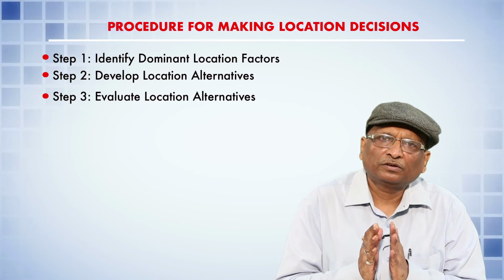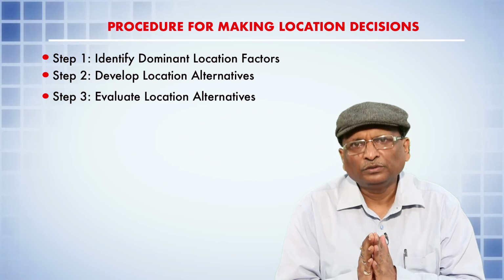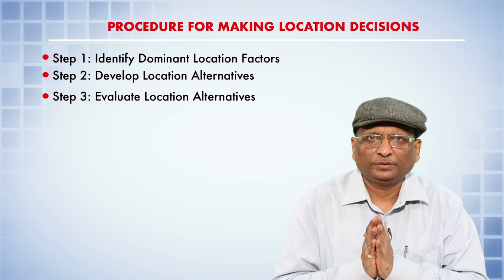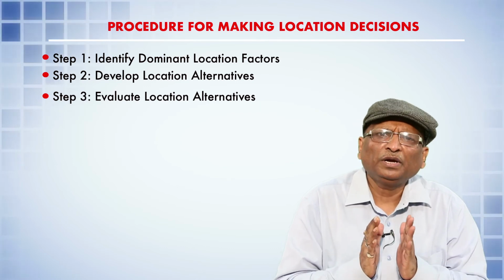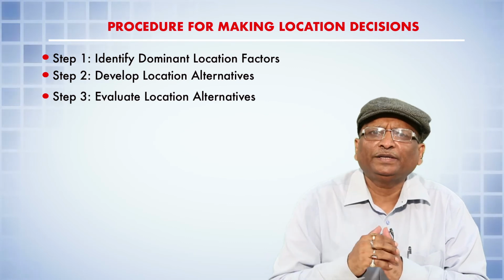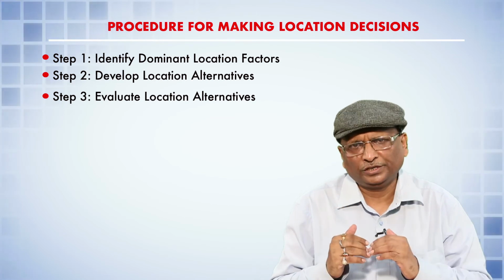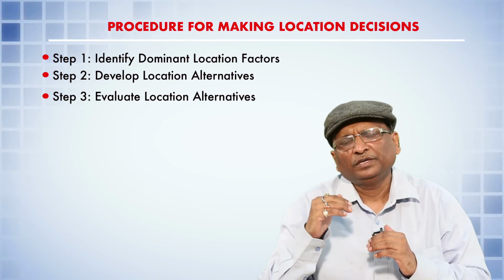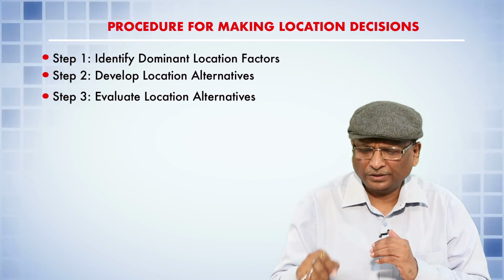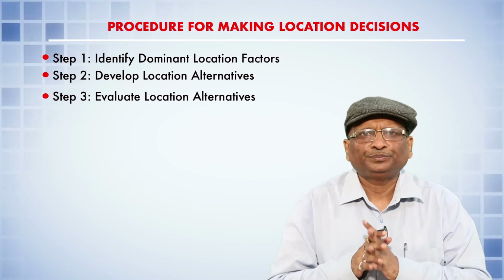Just like we have location alternatives, Palwal, Ballabgarh or Mathura. Then we have to evaluate the location alternatives by considering the location factors, and we will reach a certain decision to decide which location is more suitable for our objective.